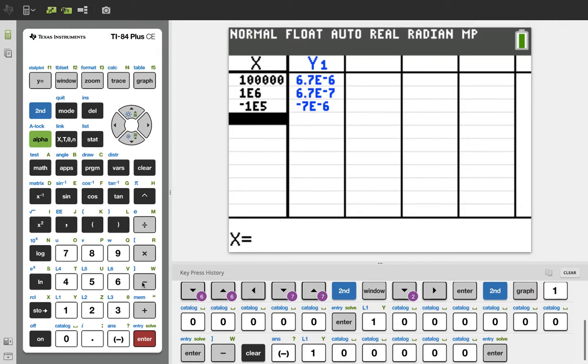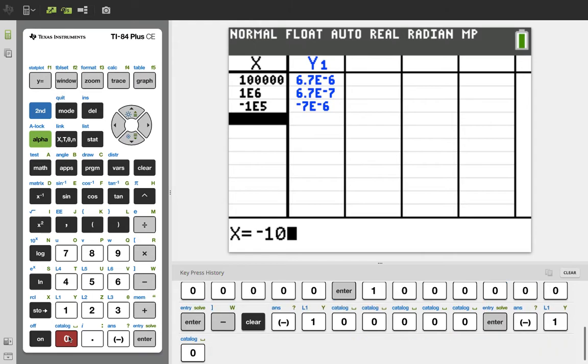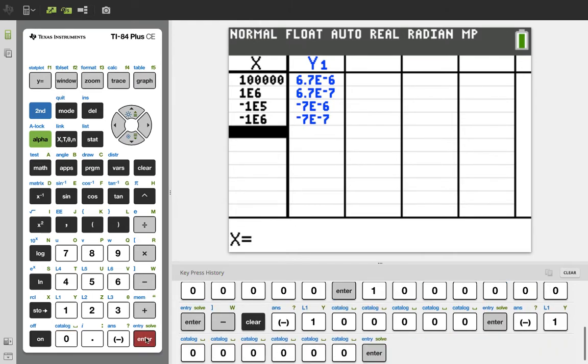And if I put in a -1,000,000, I get that same really close to 0 number. So it looks like the end behavior for the first equation is going to 0 as x goes to -infinity or +infinity. Y, or f of x, is approaching 0.